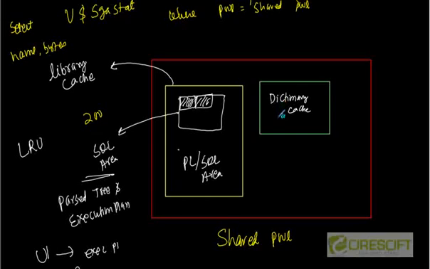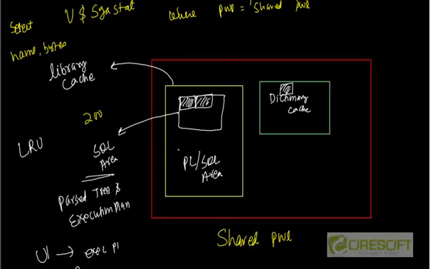So the dictionary cache stores whatever data dictionary objects are being used right now. For example, when you write a query, select star from department, the department table's information, like what kind of constraints are there, what the names of the columns are, what the null values are, and all those things are going to come and be cached here in the dictionary cache. Again, this dictionary cache is a limited amount of area, and it is managed by the LRU algorithm.